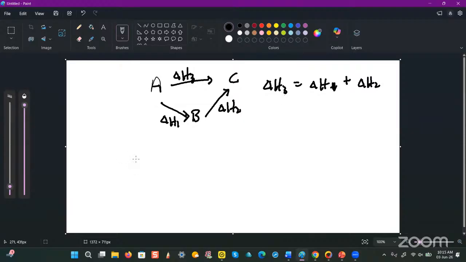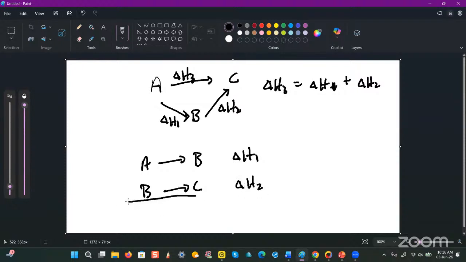Now let me show you another way of approaching this. Let's say I write down A going to B, with enthalpy change delta H1, and then B going to C, with enthalpy change delta H2.